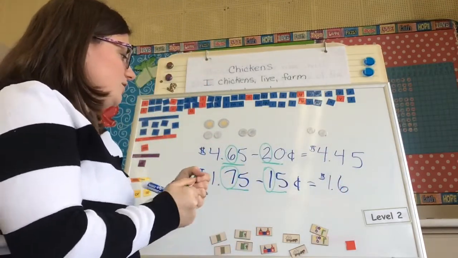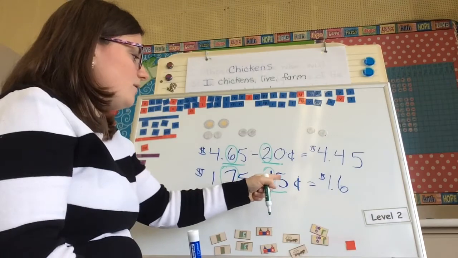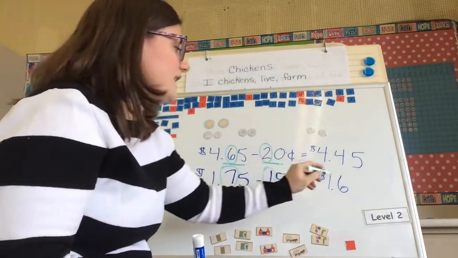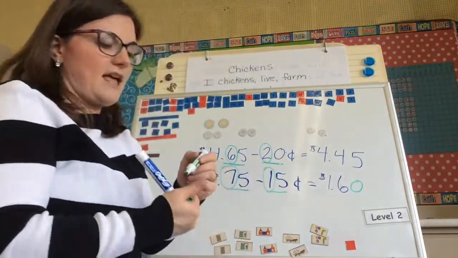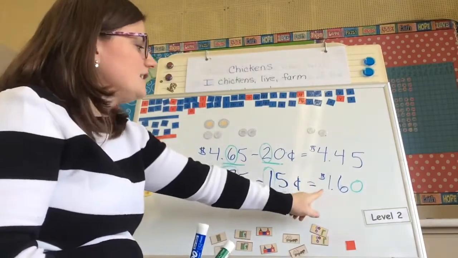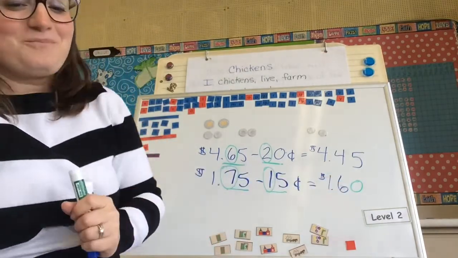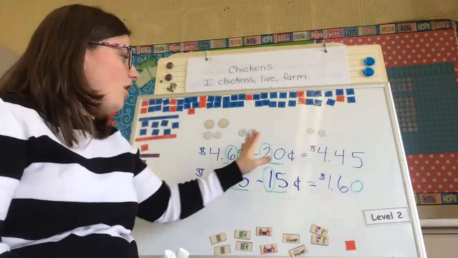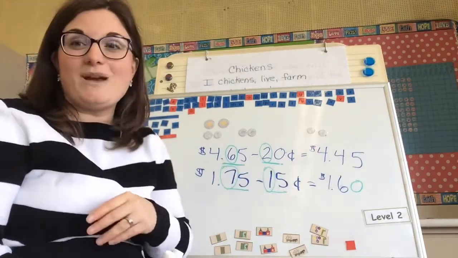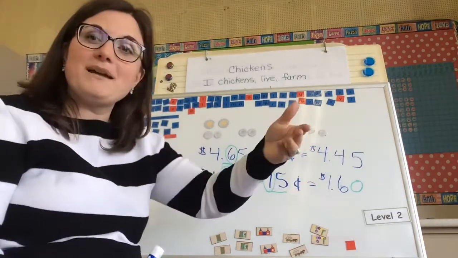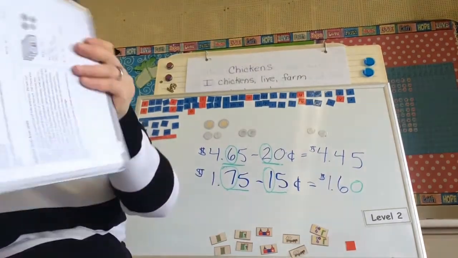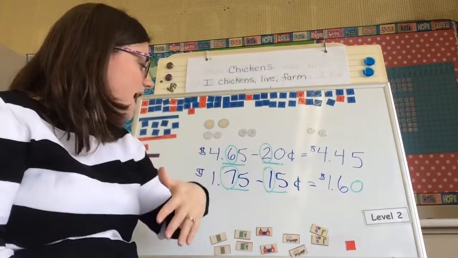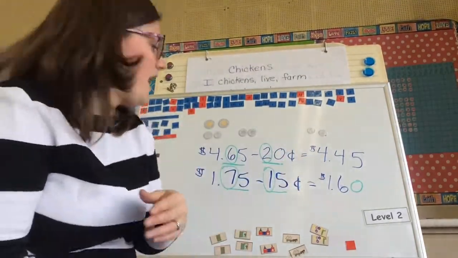Then I'm going to do 5 ones, and I'm going to take away 5 ones. So then I'd have 0 ones left. So my answer would be $1.60. Okay, do you see how you do that? So dollars, and then we can also take away cents by counting back by tens or back by fives. Okay, as we subtract, we go back by tens or back by fives.